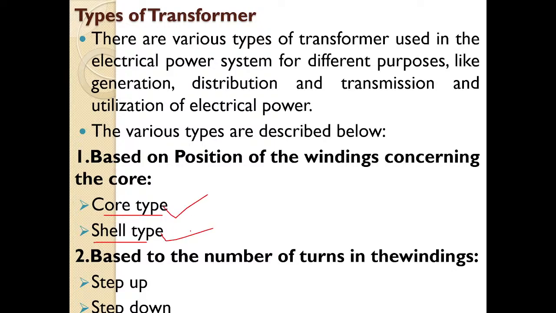Depending on whether the transformer is stepping up or stepping down the voltage, it can be a step up transformer or step down transformer. Till now, is there any issue? If there is any issue, please inform.